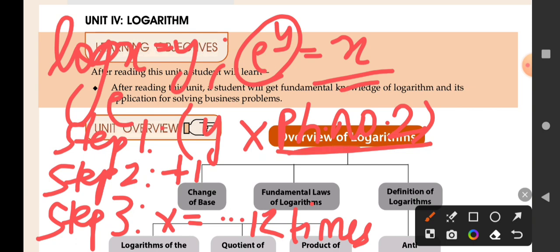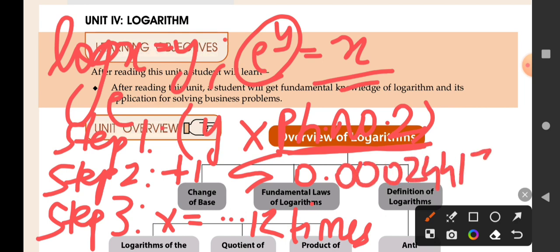So what is this phone number 2? It is 0.00024417206. So you will be able to calculate the exponential power of this.